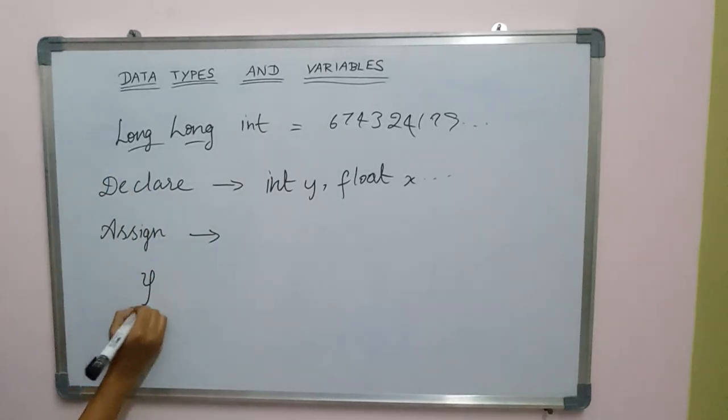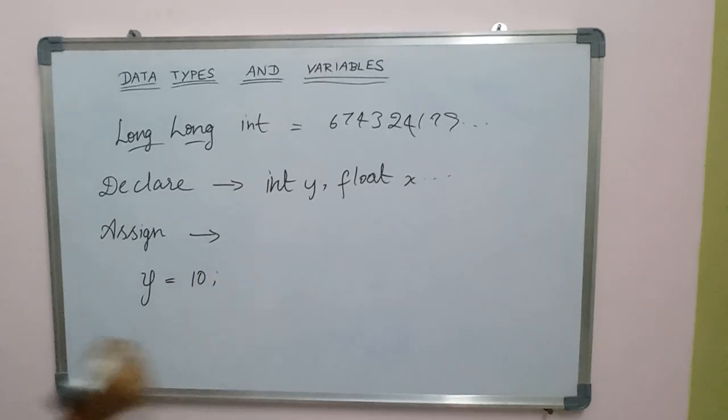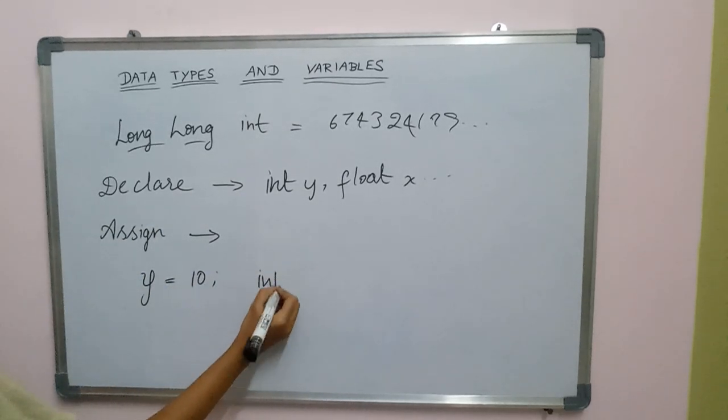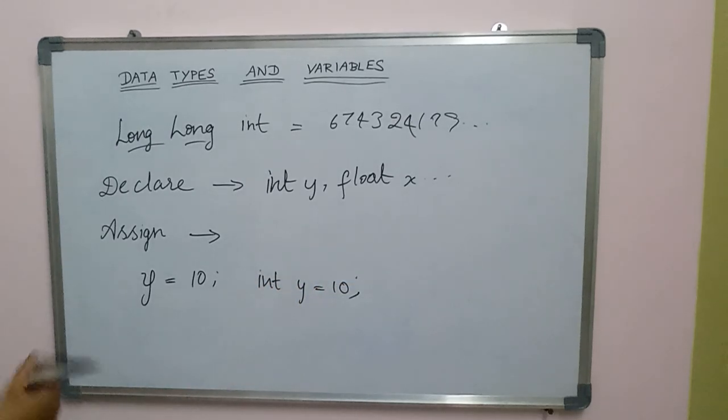I can directly assign like this: y equal to 10. Or if I didn't declare it before, then I should write int y equal to 10. Both are possible and both are okay. This is the difference between declaration and assignment.